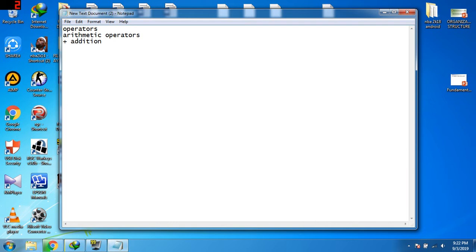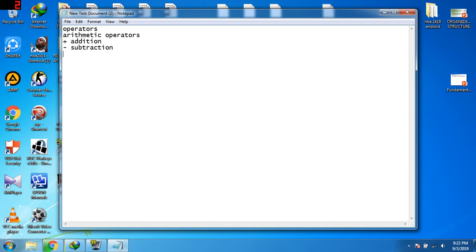So no need siguro to elaborate and explain that example of operators. Next is another of arithmetic operators natin, which is subtraction or minus.